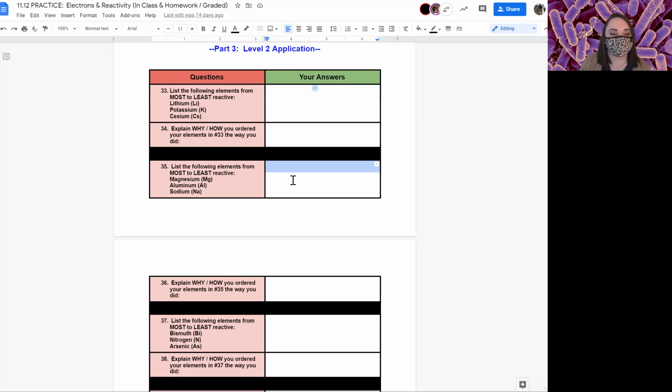Most to least reactive. Not quite. So which of these three has to do the least amount of work to get rid of their valence electrons?